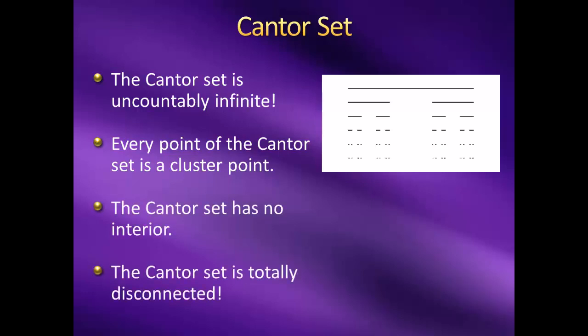In fact, the Cantor set is totally disconnected. A property we might expect of a countable set such as the integers, but certainly not something we'd expect of a set with uncountably many points. I could go into an entire lecture on just the oddities of the Cantor set, but that would be going a bit too far off topic. And besides, it would ruin the fun of you going and looking up the Cantor set on your own.